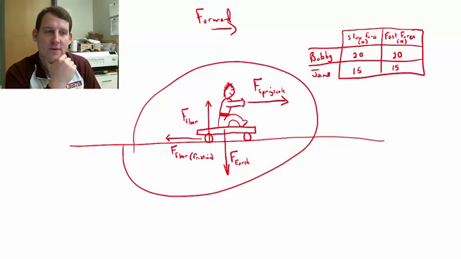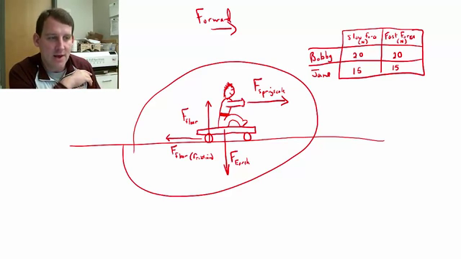And the reason for that is to stay at a constant speed, you need to have your forward force of the spring scale equal the backwards force of friction. Because when that happens, it's as if these two forces cancel each other out.